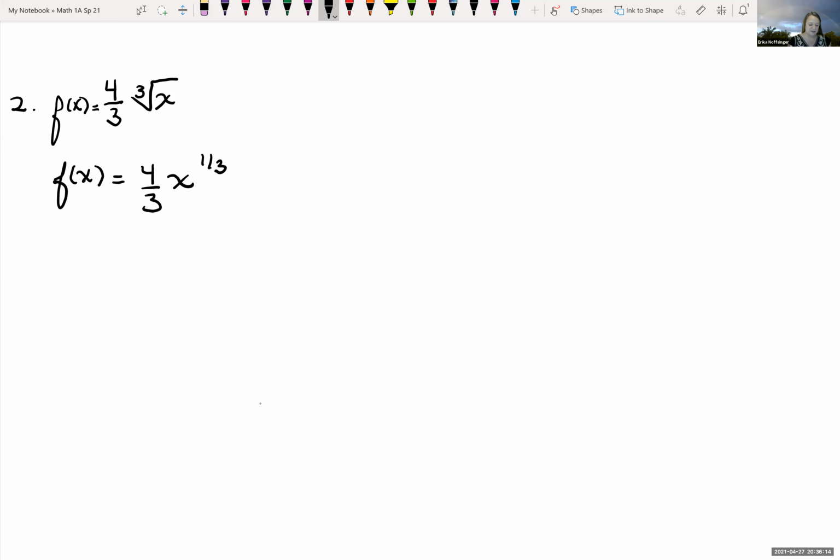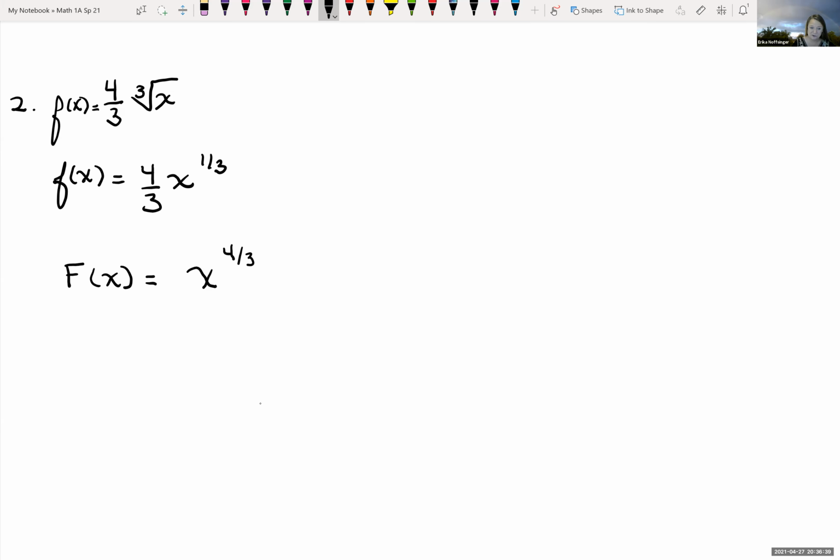So again, we have to think about this backwards. Well, we know the derivative will subtract 1 from our exponent, so we need to compensate, and we can add 1 to that. If I add 1 to 1/3, I get back 4/3.